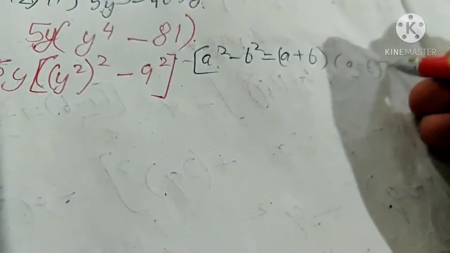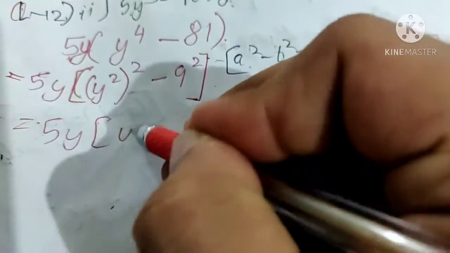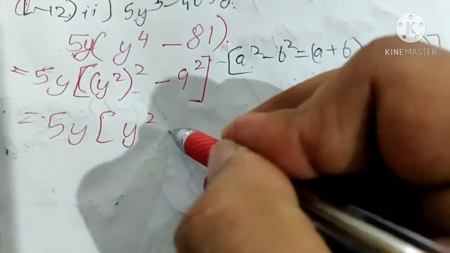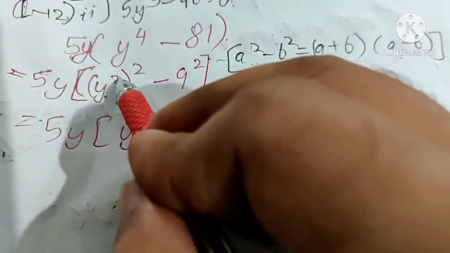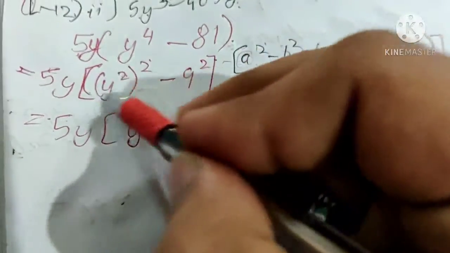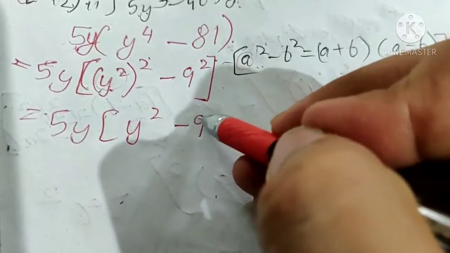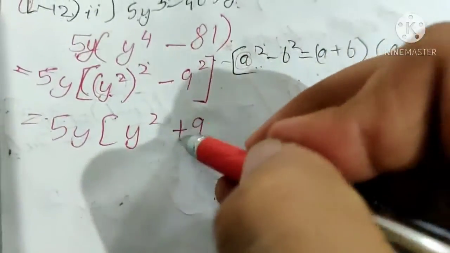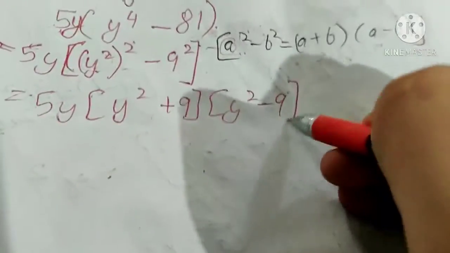So here 5y is outside, y square minus 9. Here a is y square, this term to the power 2, and this term to the power 2. So y square minus 9 to the power 2 is y square plus 9 and y square minus 9.